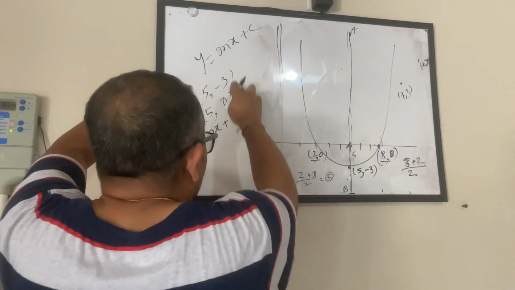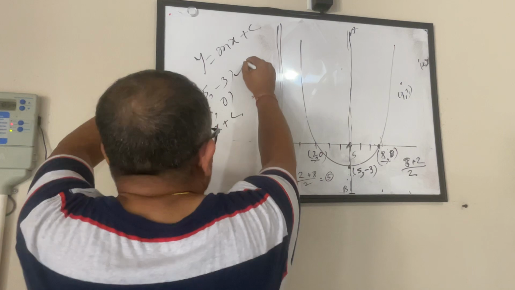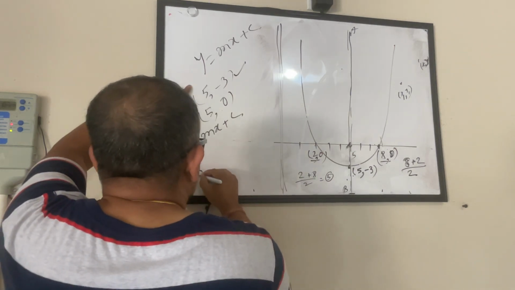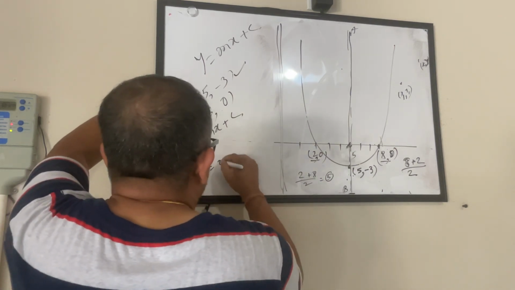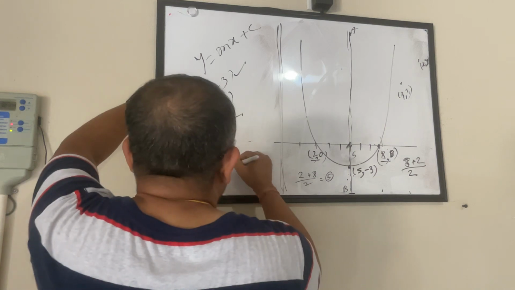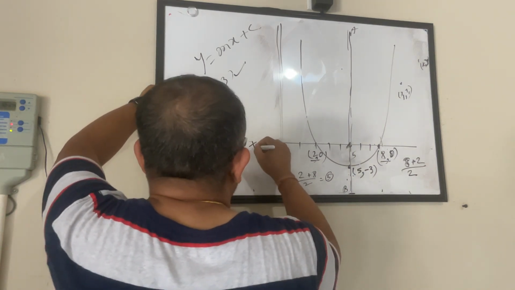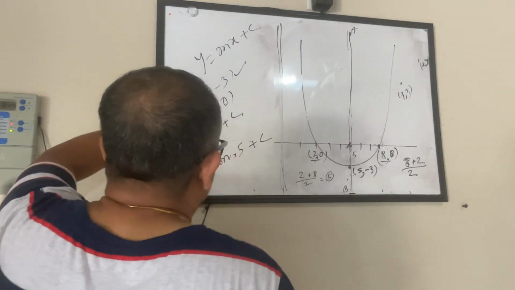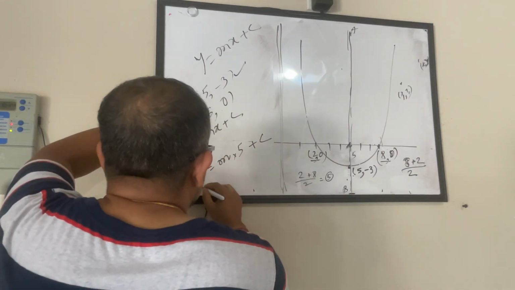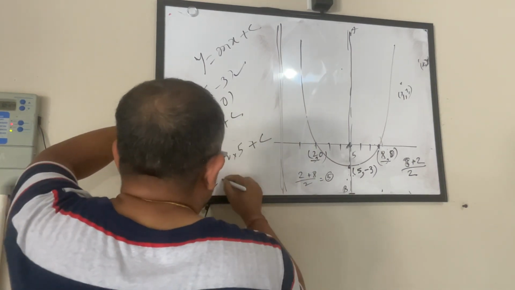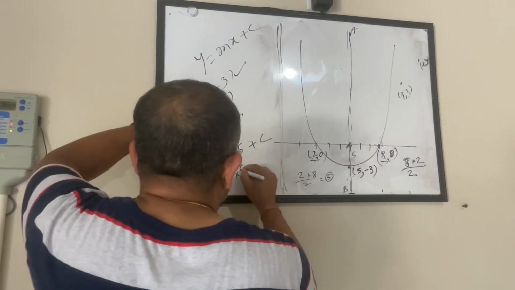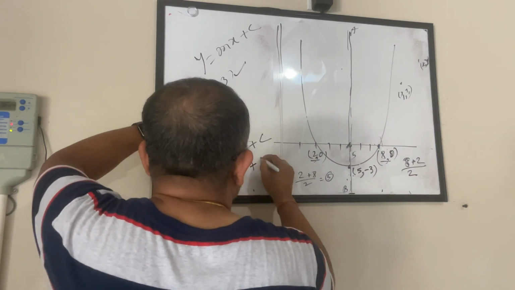We have two points, right? So let's pick this one. y equals minus 3 equals m, I will keep m as m, and x is 5, plus c. Then pick the second one. y is 0. 0 equals m into 5 plus c.